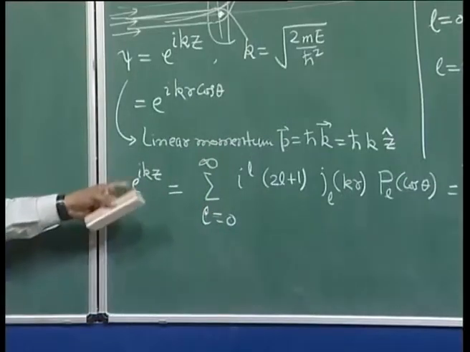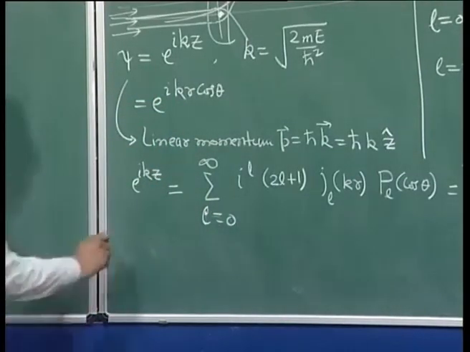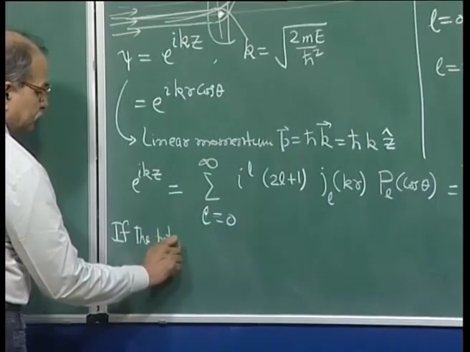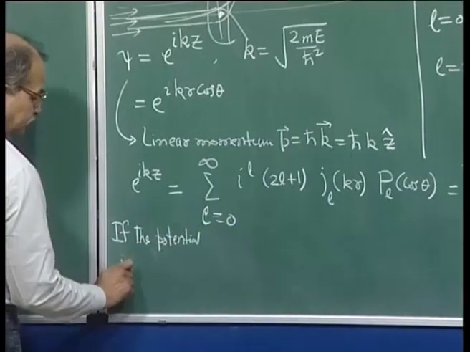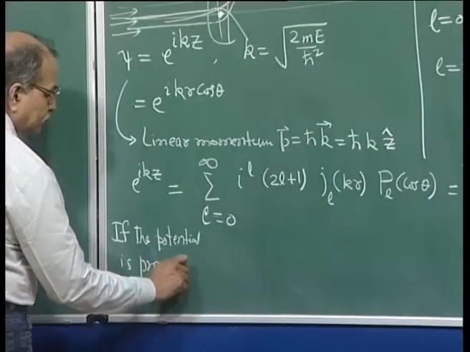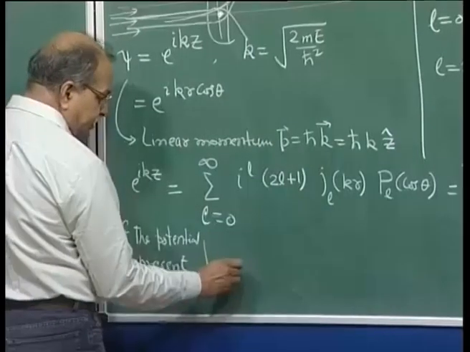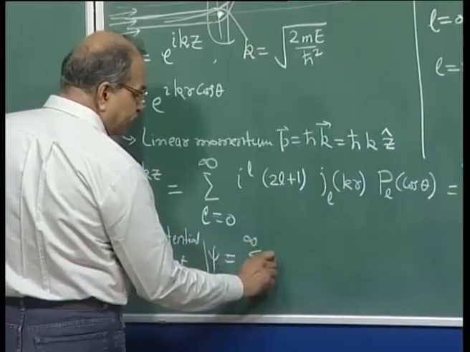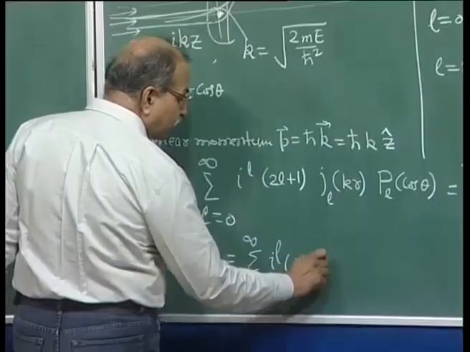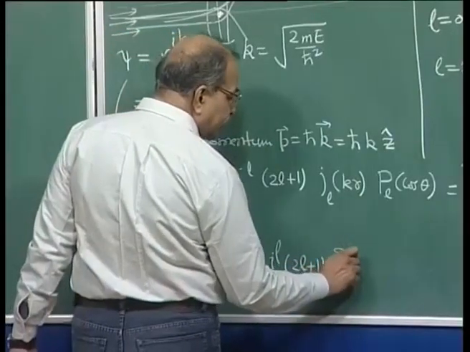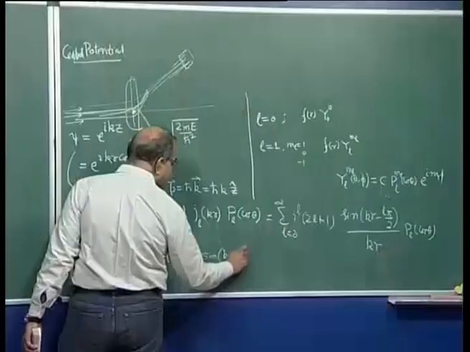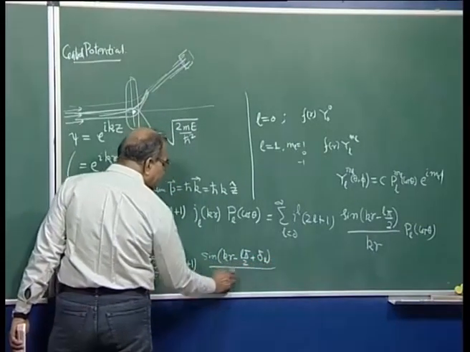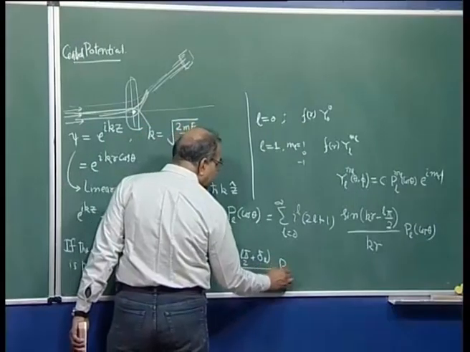So, the wave function that you write in the presence of potential, the one which is already written is when you have no potential, it is just e to the power i k z that we have expanded. Now, if the potential is present, if the interaction is present, then your psi will be changed to summation over L equal to 0 to infinity, and all those terms will be there, and sine(kr minus L pi by 2 plus delta_L), some delta_L will be there, divided by kr, P_L(cos theta).